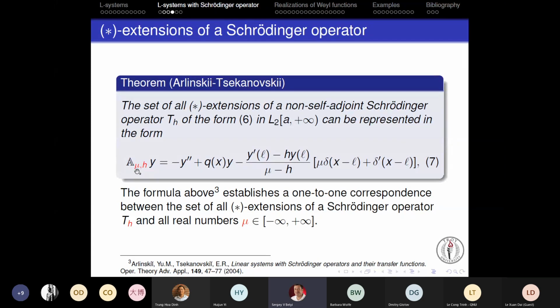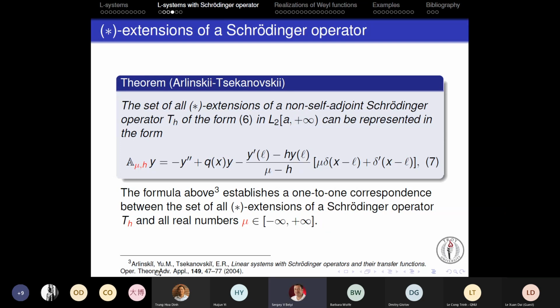Mu is a real number, and h is the boundary condition for the TH main operator, so that all A with bold hat are written in this form. But literally, you can take a fixed operator TH and run your mu all over the extended real line, negative infinity and positive infinity included, and every time we will be getting a star extension. Moreover, all star extensions of the Schrodinger operator are described like that.